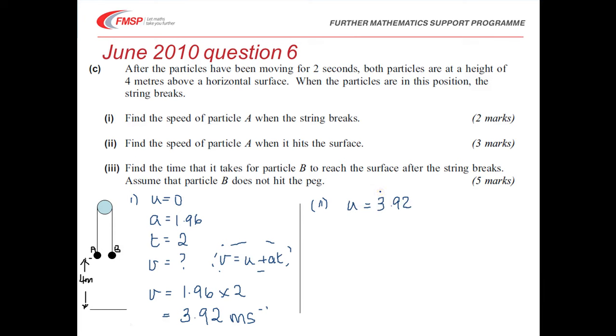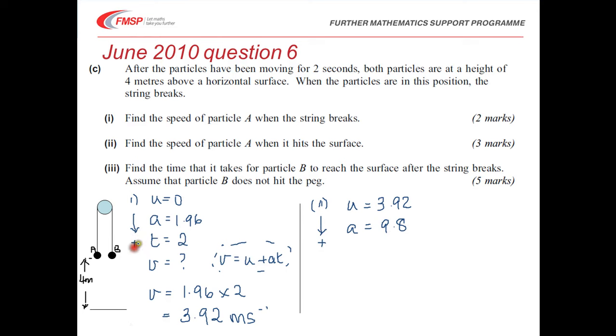The string has broken, so there's no tension now, so the only acceleration that we have is due to gravity. Now that will act downwards, so I'm taking the downward direction here to be positive, just as I did over here.